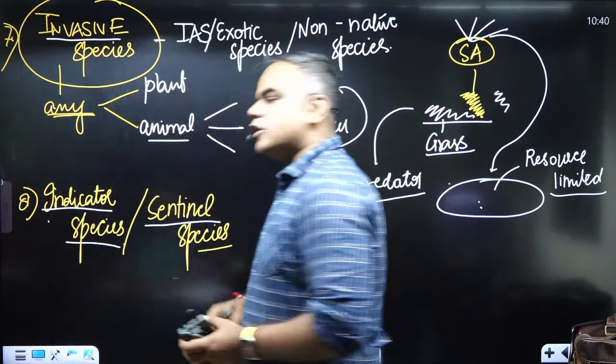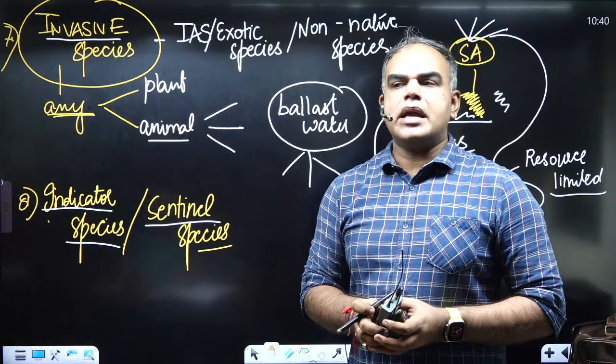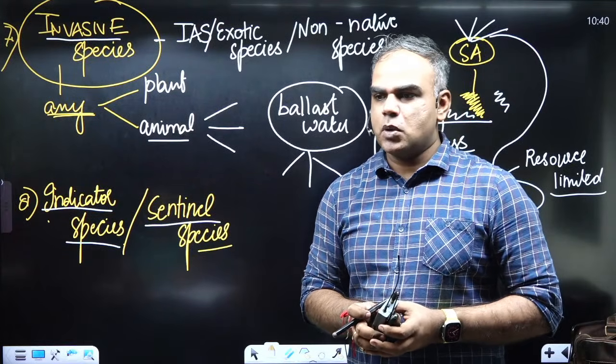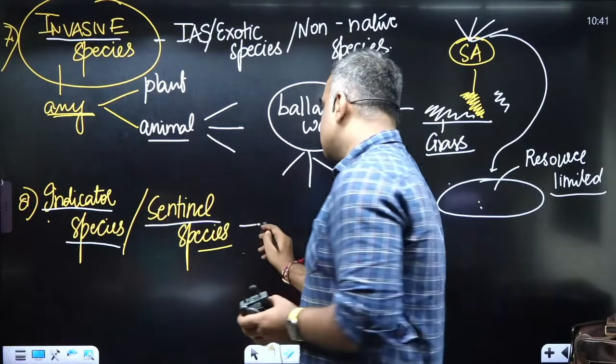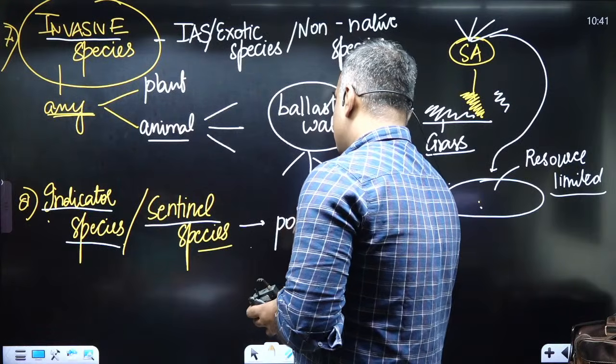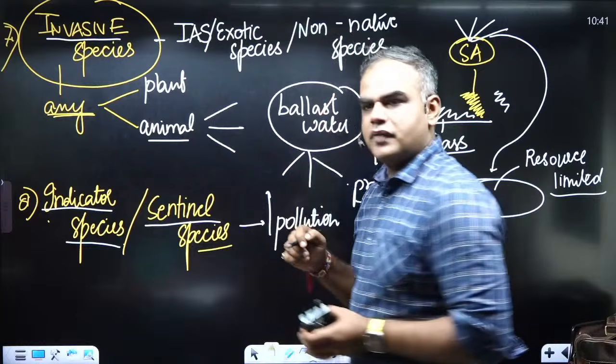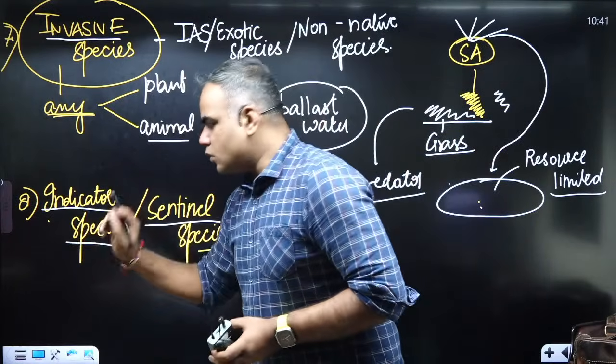Any idea from the name? It will indicate the health of an ecosystem. If an ecosystem, for example, is facing an ecological crisis, or there is an increase in pollution, you get to know about it. The main thing, just write down the definition.